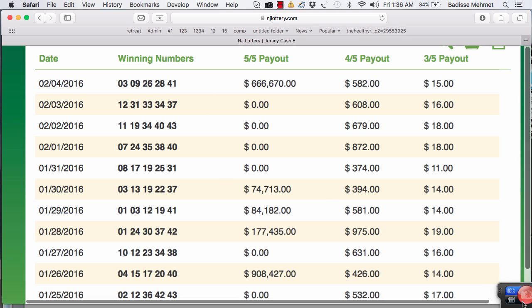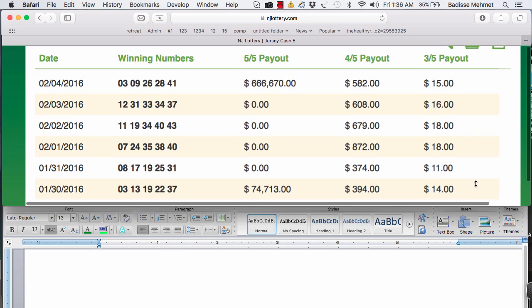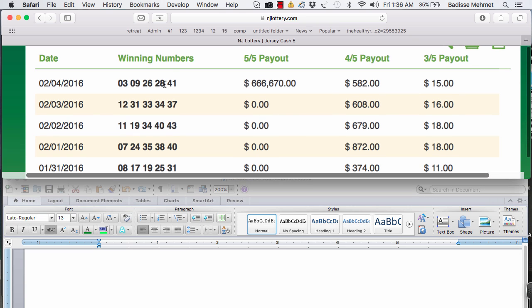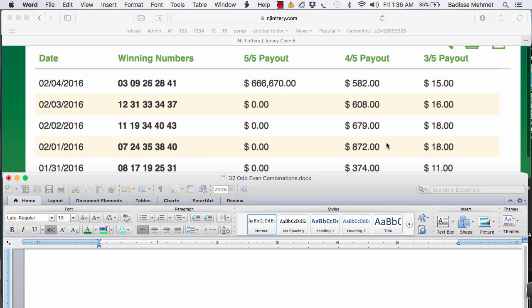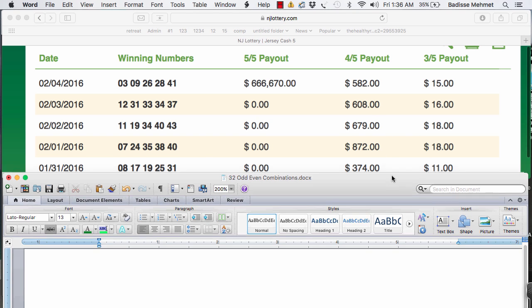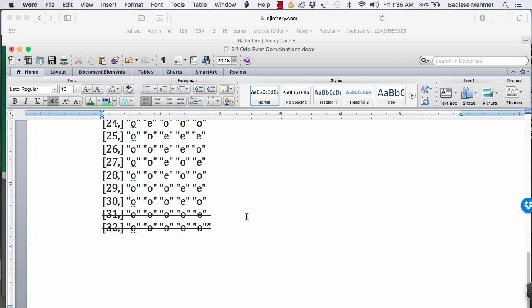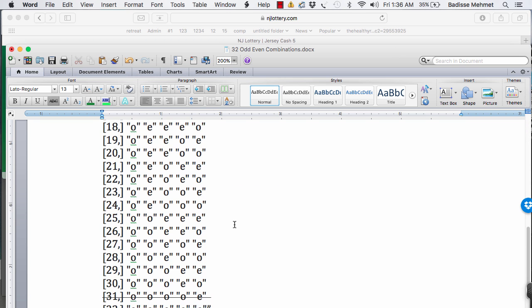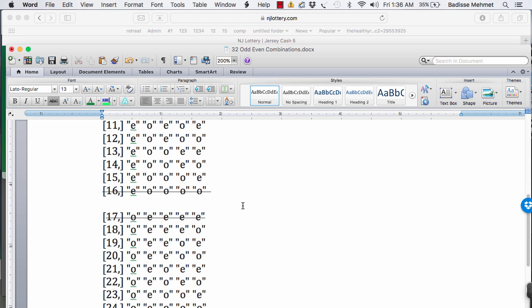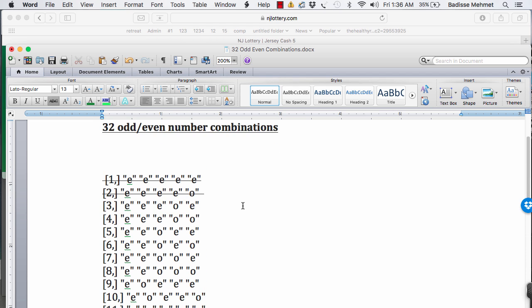Okay, let's start. I'm going to work with the past 3 winning lottery numbers from February 4th to February 2nd, and I'm going to touch on February 1st a little bit. When I talk about the foundation for Cash 5, or any lottery with 5 numbers, here are the 32 odd, even foundations that these numbers must sit on.